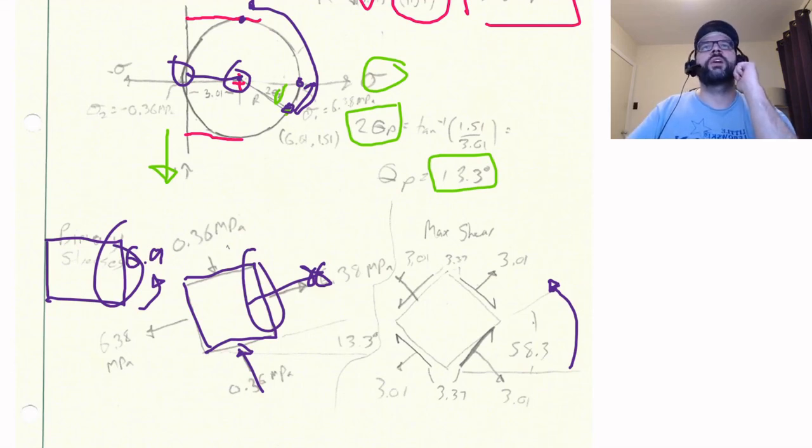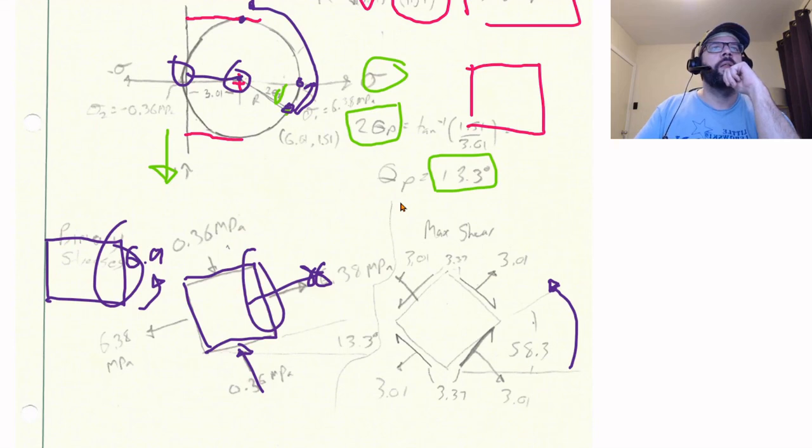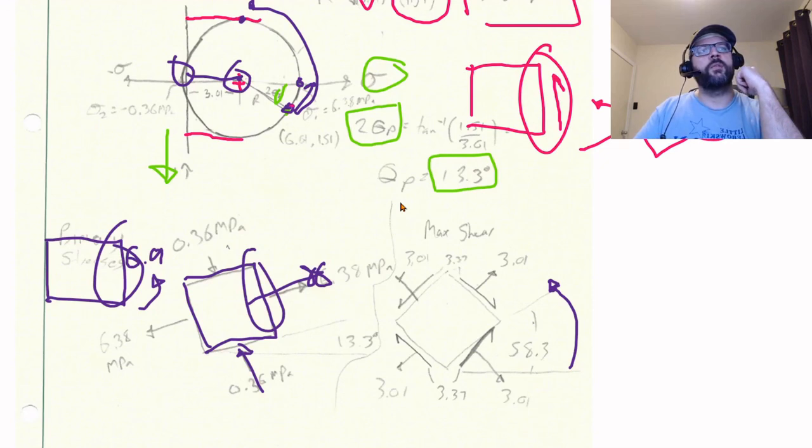As for the directionality of that, just keep in mind that our original square had a directionality that was going this way. And then we rotate this thing up 45 degrees, so that this face here corresponds to this face here. What happened to the shear, however, is that it started out as positive, and then it got to its maximum negative value.